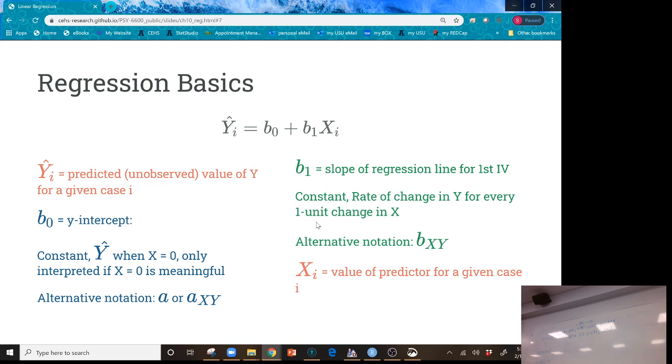So the first thing after the equal sign is b with a little 0. That lowercase b with a 0 is the y-intercept. That was the b in our algebra formula. The b with a little 1 here is the slope that we used to call m.